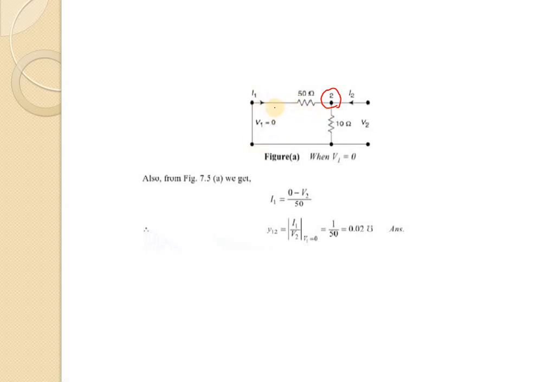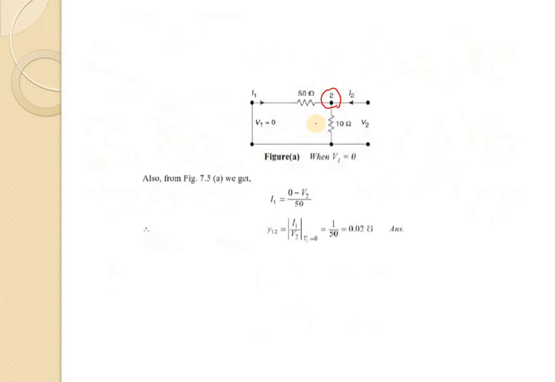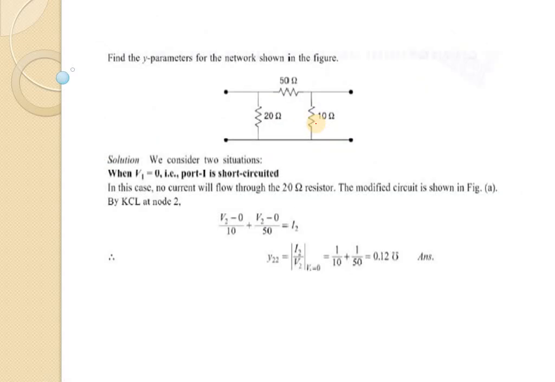So the current which will be V2 minus 0 by 50 equals to I2. So from here we have calculated that Y22 equals to 0.12 mho. Admittance unit is mho.